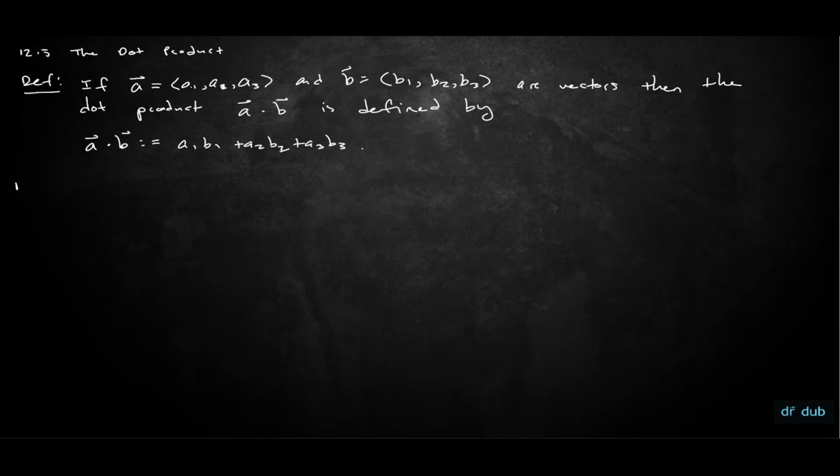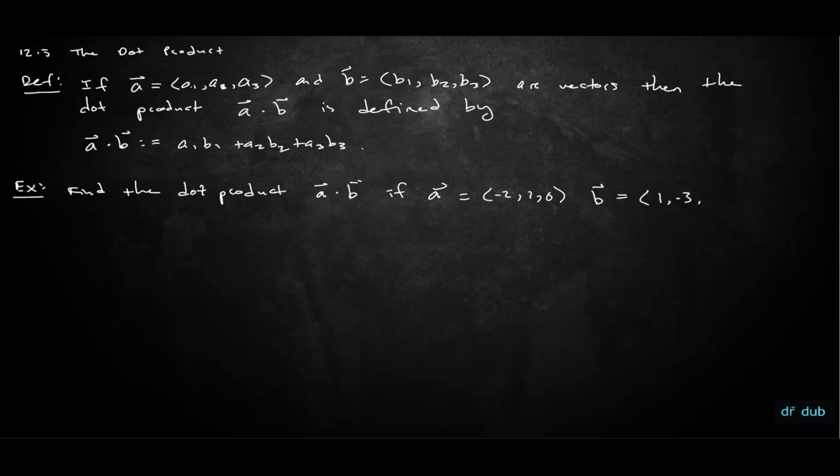For example, find the dot product A dot B if the vector A is -2, 1, 0 and the vector B is 1, -3, 3.